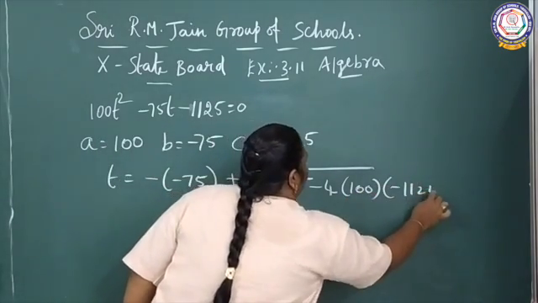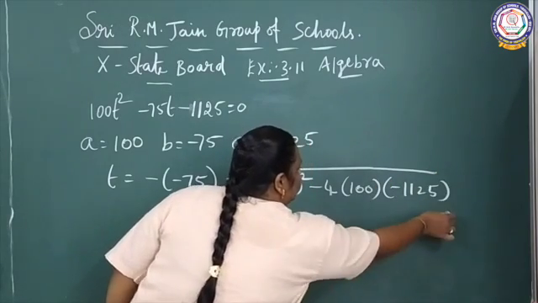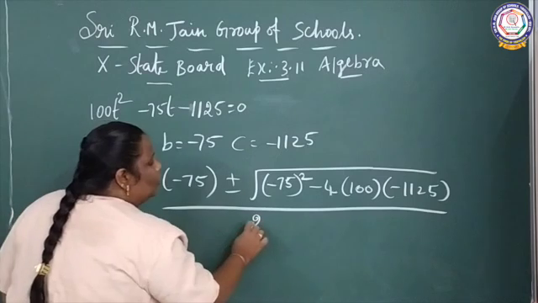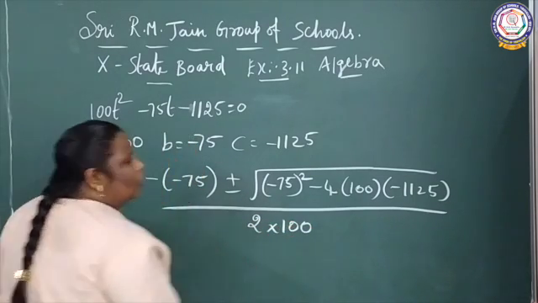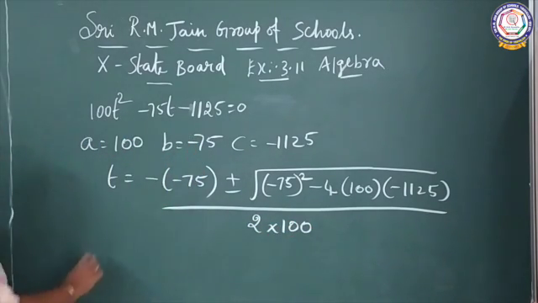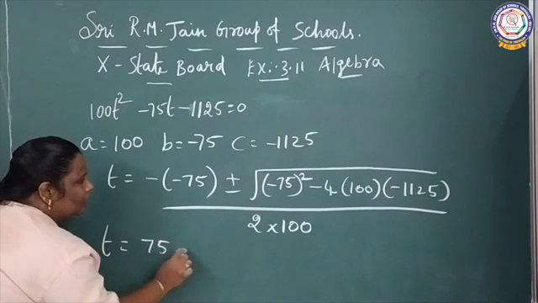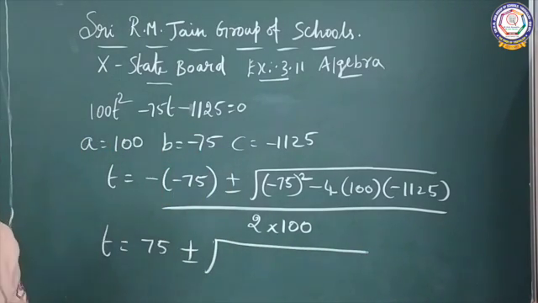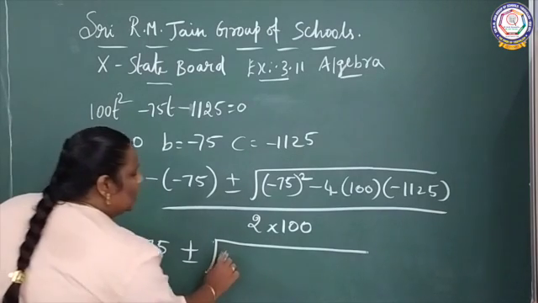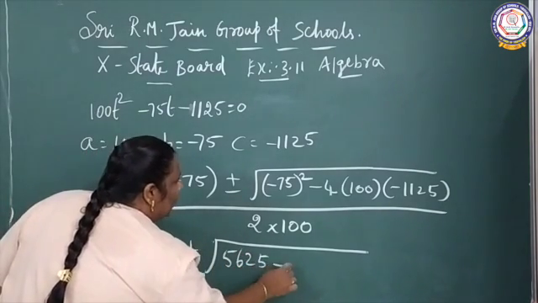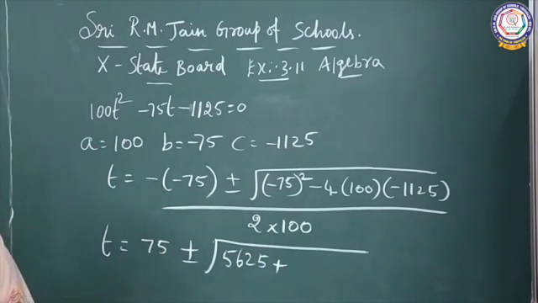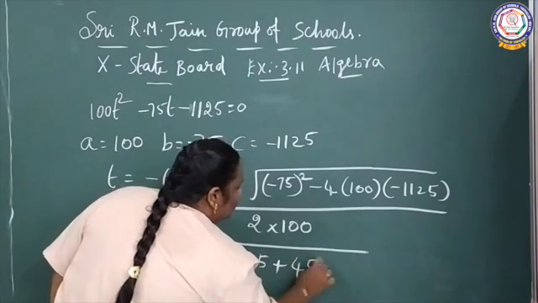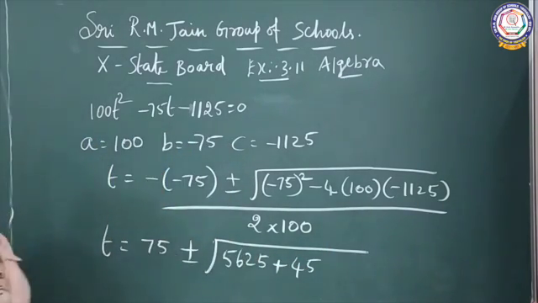Minus 1125, by 2a, that is 2 into 100. t equal to 75 plus or minus root of 75 square. You can calculate 75 square equal to 5625 plus 400 into 1125, which is nothing but 45,000.